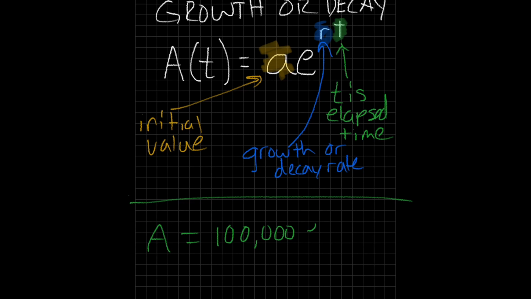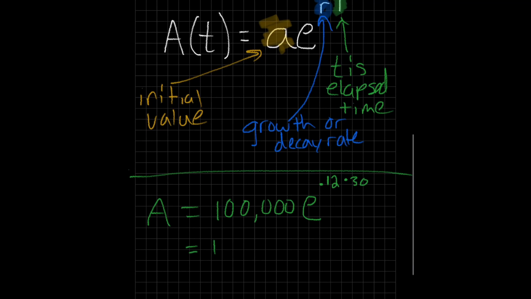Our rate was 12%, and if you write that as a decimal, that's 0.12. And our time is 30 years, so we'll multiply that by 30. So in your calculator, what you're going to type in is 100,000 times E raised to the 0.12 times 30. I'm going to type that right into my calculator right now.